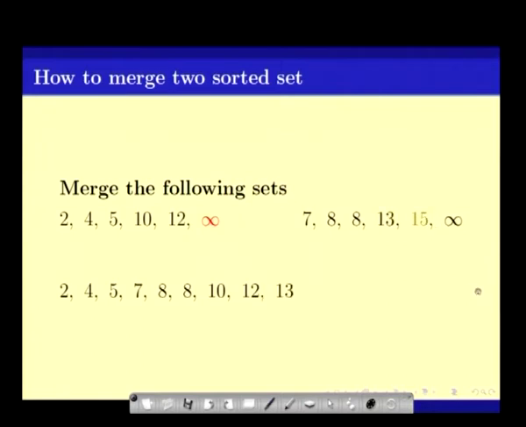So we output 13, move our marker to 15, compare 15 with infinity, and output 15. Then the right marker also reaches infinity. When both markers reach infinity, the game is over and we have output the merged list.